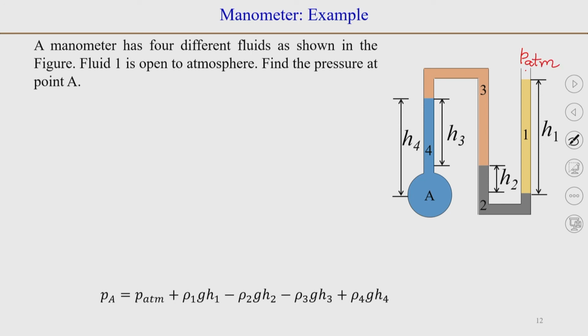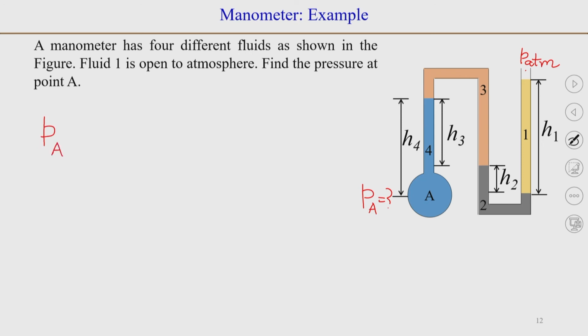So, what we need to find out is the pressure at point A, or the relationship between P A and P atmosphere.